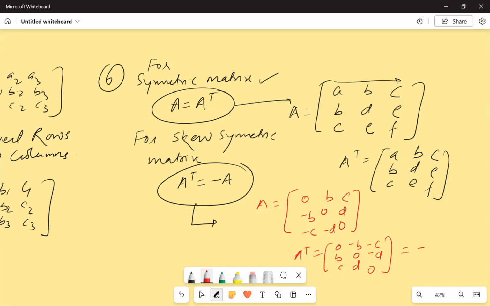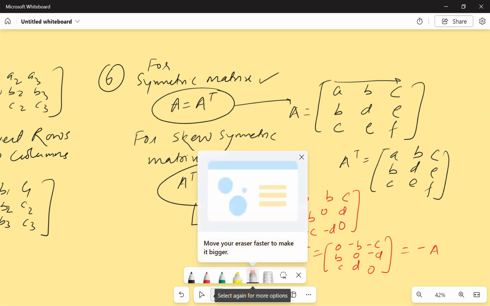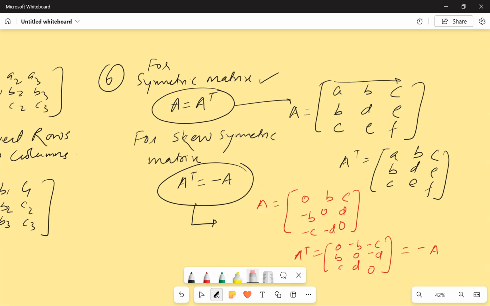So this is minus A. So you can get this type of situation. So you keep the diagonal elements 0, 0, 0, then B, C, then minus B, minus C, then D, minus D. So you will get this. Remember this.